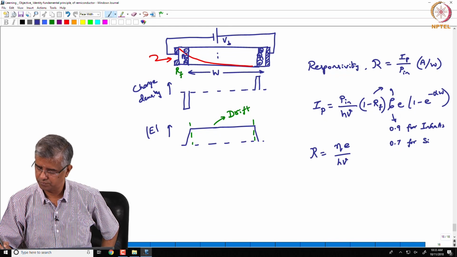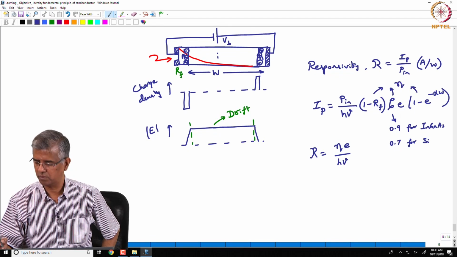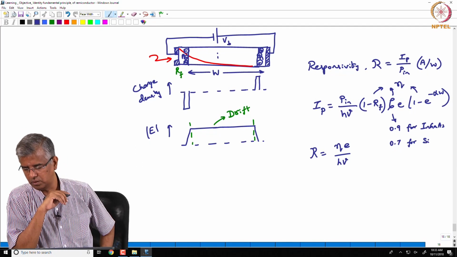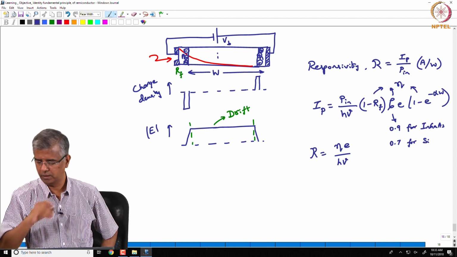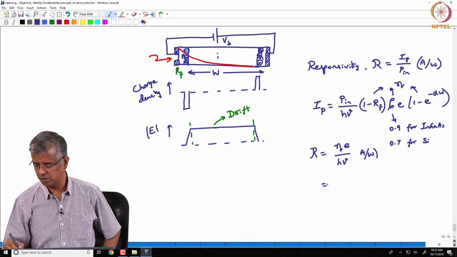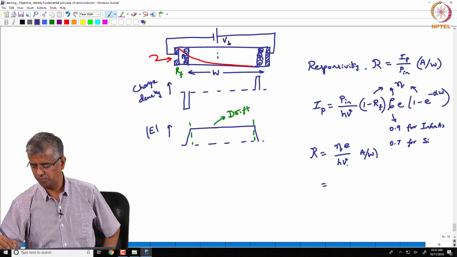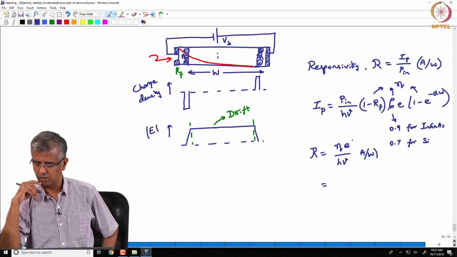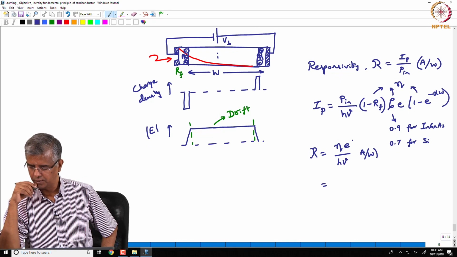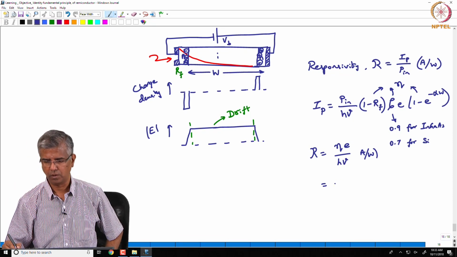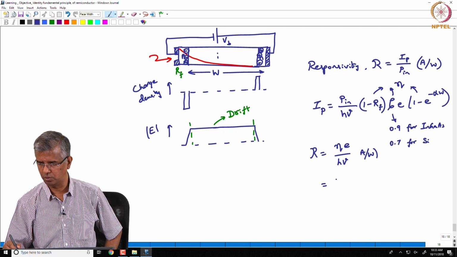of these three, those three terms determine the value of eta, and that is going to be in amps per watt. And of course, you have h is a constant, E is a constant. So, if you work that out, what you will find is this is going to be given by some factor of 1.24.